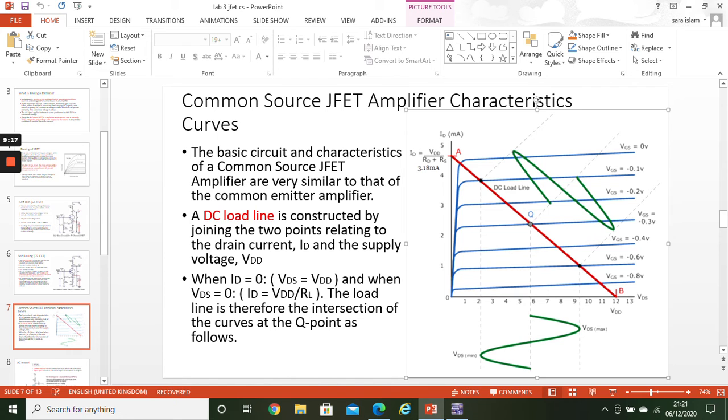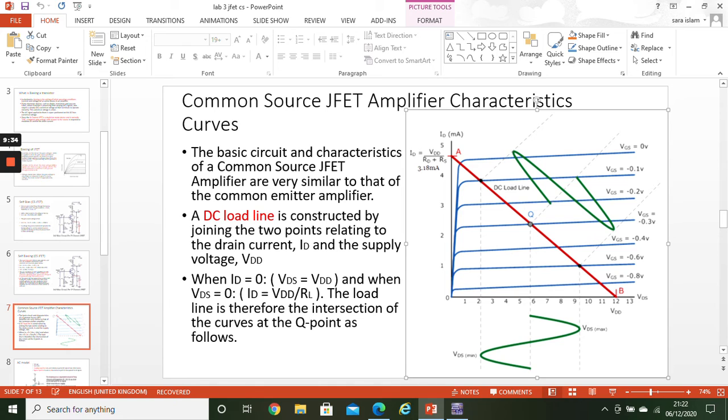But it totally depends on the quiescent point you choose. If your VDS is lying somewhere around 5.6, 6, in that case your transistor will behave as a class A amplifier.